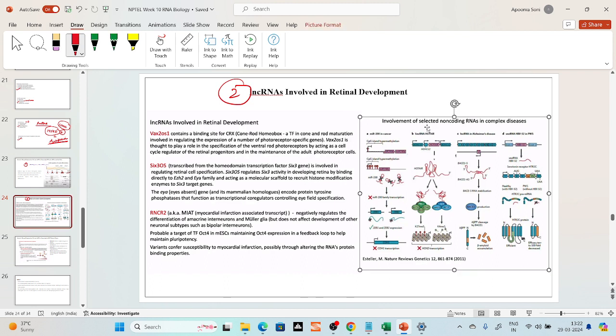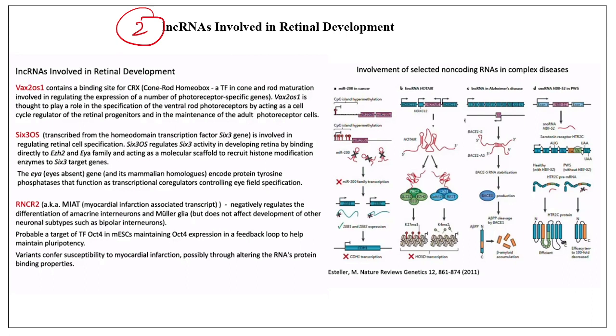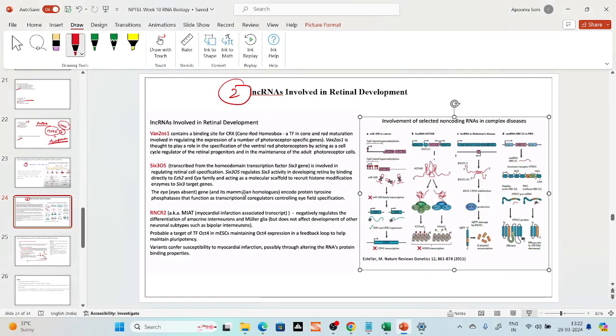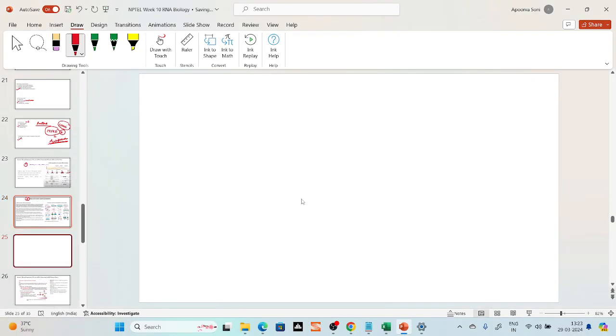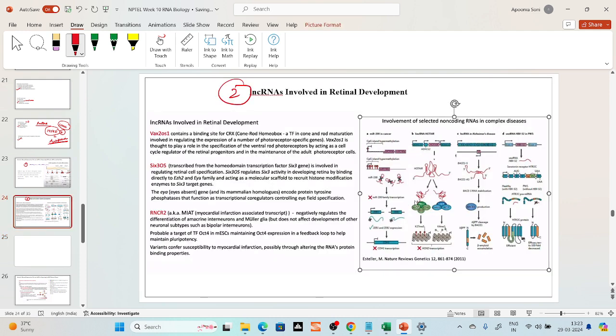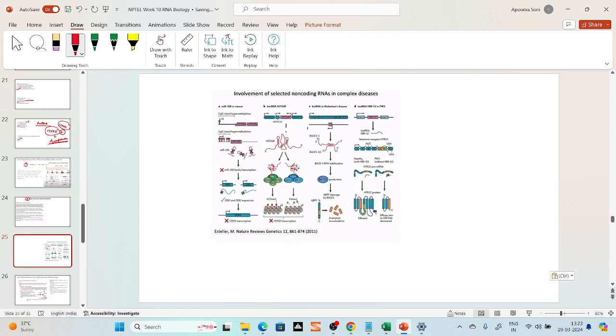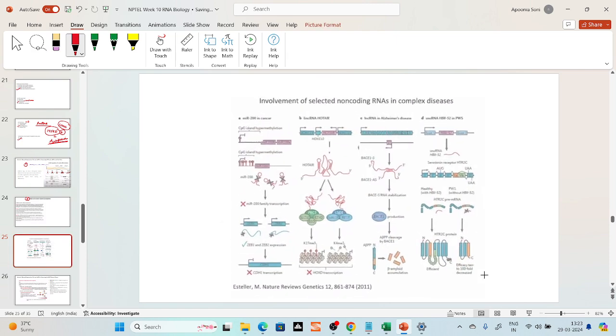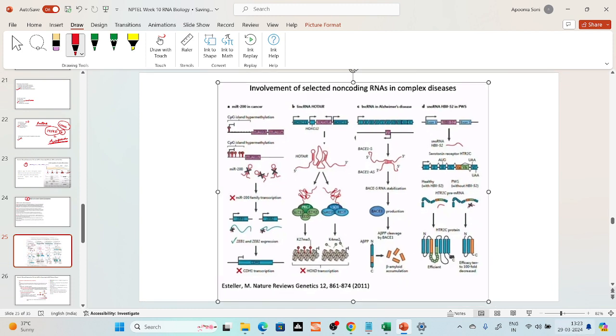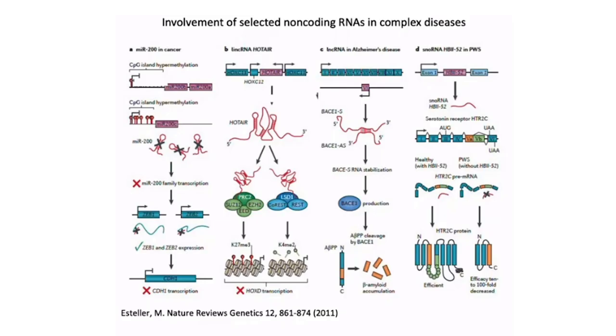Then non-coding RNAs are also responsible for some kinds of diseases. You can see that these microRNAs are involved in cancer. Non-coding RNAs have roles in complex diseases such as cancer and Alzheimer's disease.